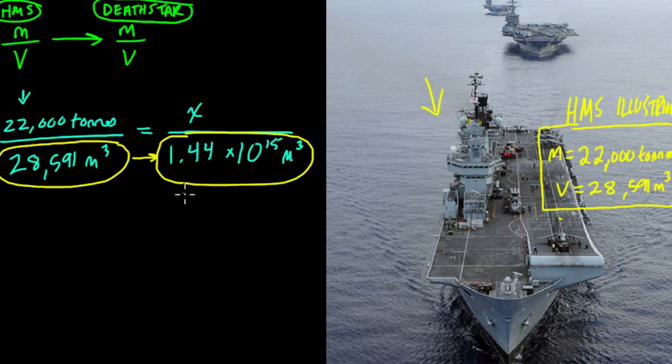So I'll walk you through those steps. First we take the volume of the Death Star. That's 1.44 times 10 to the 15th, and then we divide that by 28,591. This is all in cubic meters, but I'm not going to write the units in there. And when we divide these two numbers, that will tell us how many times the HMS Illustrious needs to be repeated to equal the volume of the Death Star.